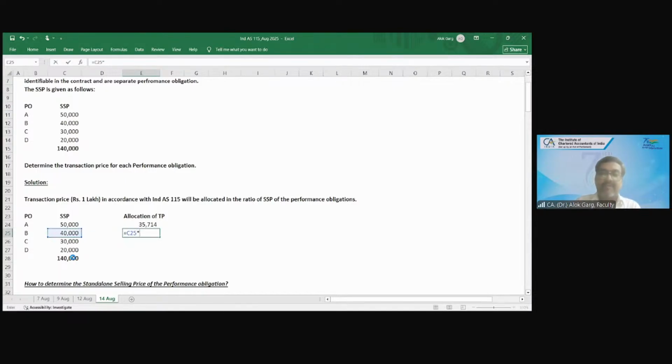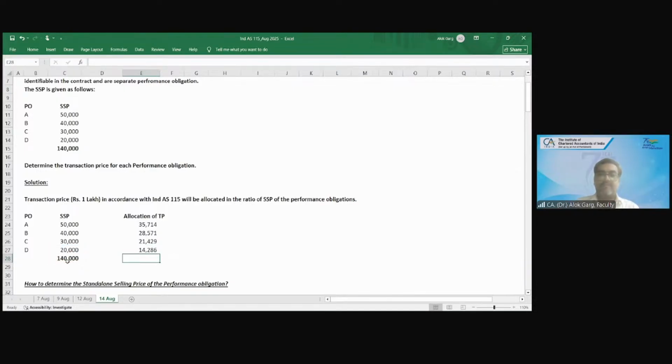40,000 multiplied by 1 lakh, divided by 1 lakh 40,000. 30,000 multiplied by 1 lakh divided by 1 lakh 40,000. 20,000 multiplied by 1 lakh divided by 1 lakh 40,000.